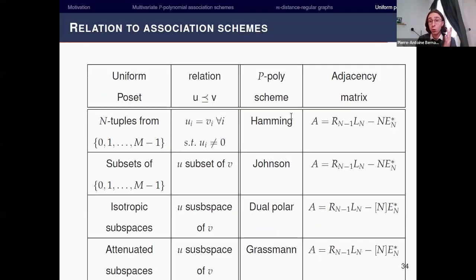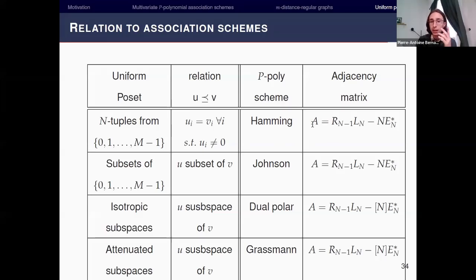And the quite surprising observation that Terwilliger made in the original paper is that, well, if you are looking for these P-polynomial schemes that we were discussing earlier, you can find them at the top of each of these uniform posets. So for each of them, you can define a uniform poset so that you can embed the adjacency algebra of the scheme in the incidence algebra of the associated uniform poset.